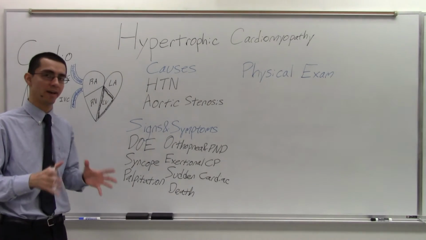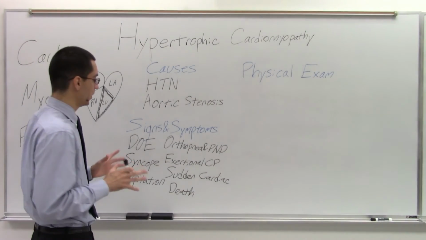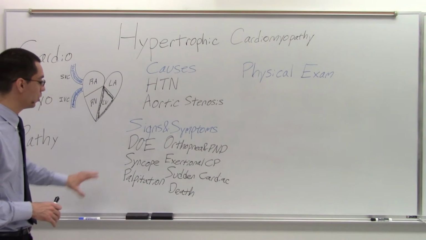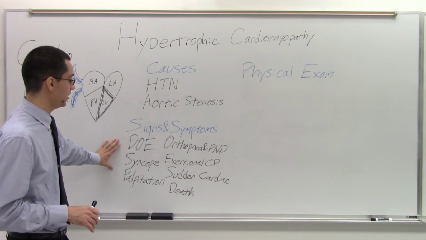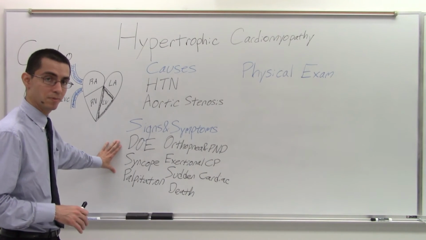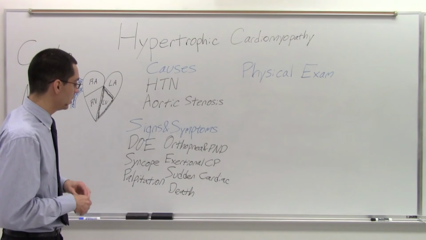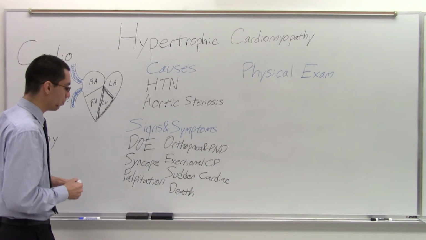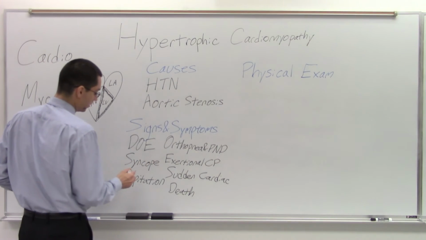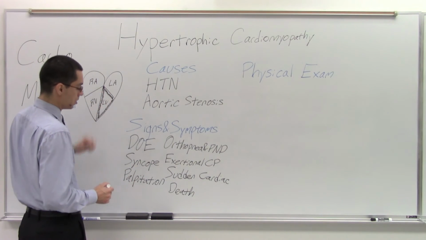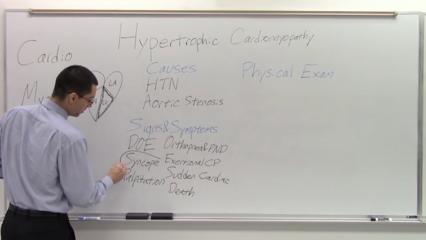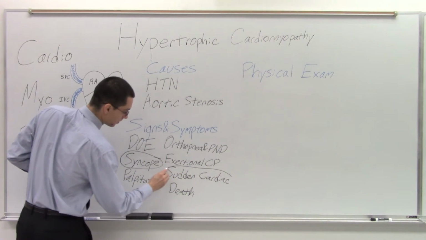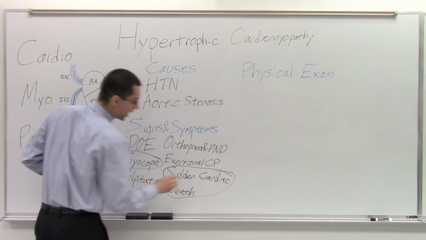Most cases are asymptomatic, but if a patient exhibits signs and symptoms, they will have these shown here. Unfortunately, the most common signs and symptoms seen in this disorder are syncope and sudden cardiac death.